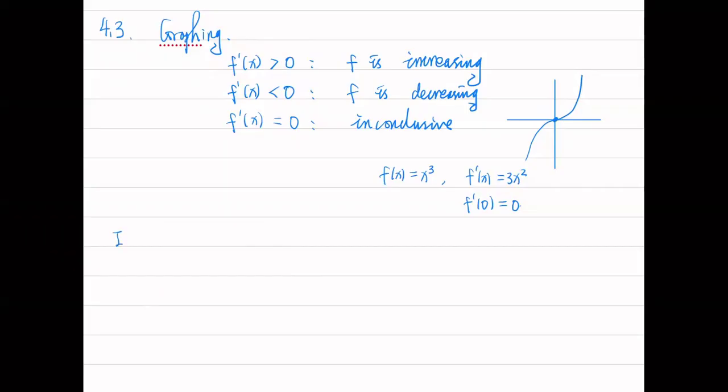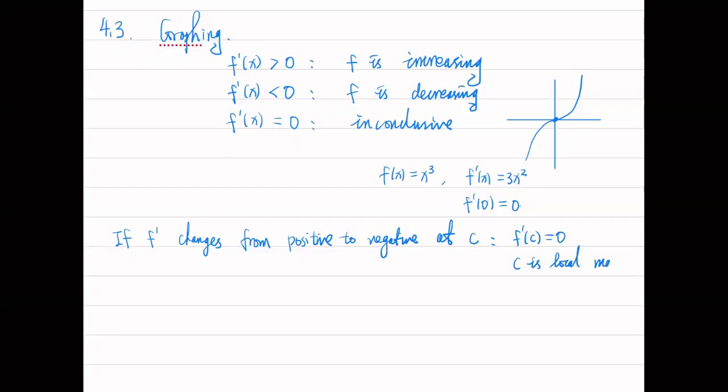If the derivative changes from positive to negative at c, then f'(c) is 0 and c is a local maximum. The graph looks like this.